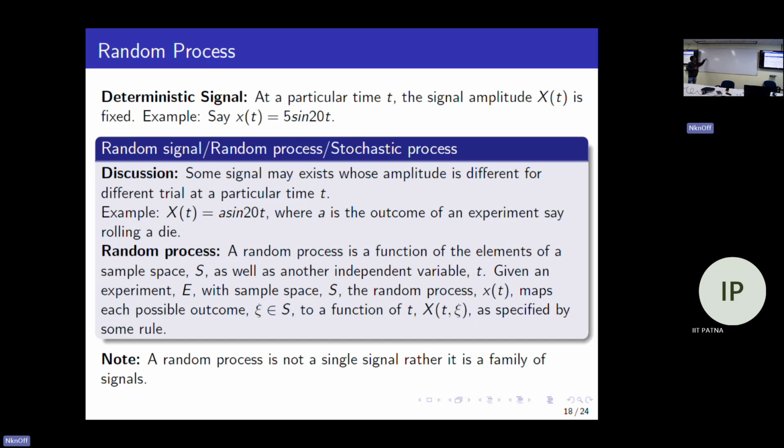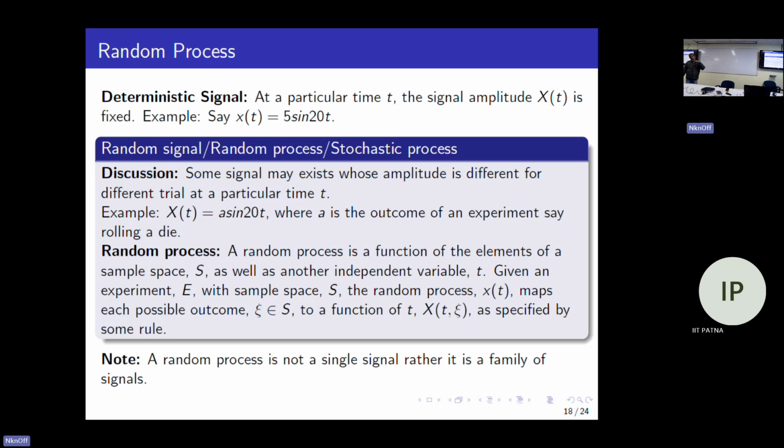Suppose you first roll a die and 1 comes, so 1 sine 20t. You take some value of t, you will get a number. Now, again you roll the die, you might get 6 here, so 6 sine 20t. You take the same t, but your number is different.